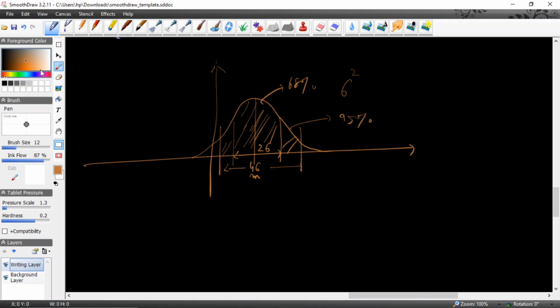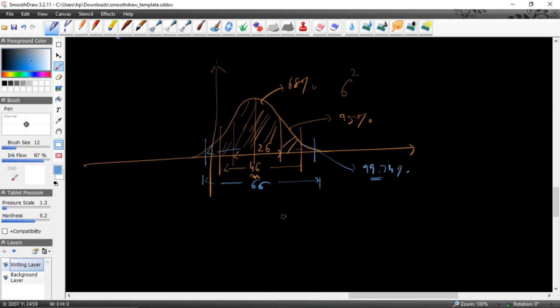Okay, and finally if you take m plus minus 3 sigma, the total width in this case is 6 sigma, so you get 99.74% of the values.